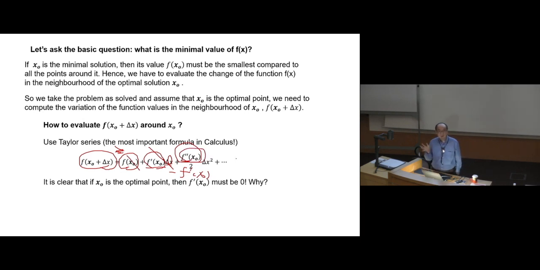Now, everything is clear if you look at the Taylor series. From the Taylor series, you can find out the condition. If both the first order and the second order derivative are 0, then what's the requirement on the third order derivative? Does it have to be 0?